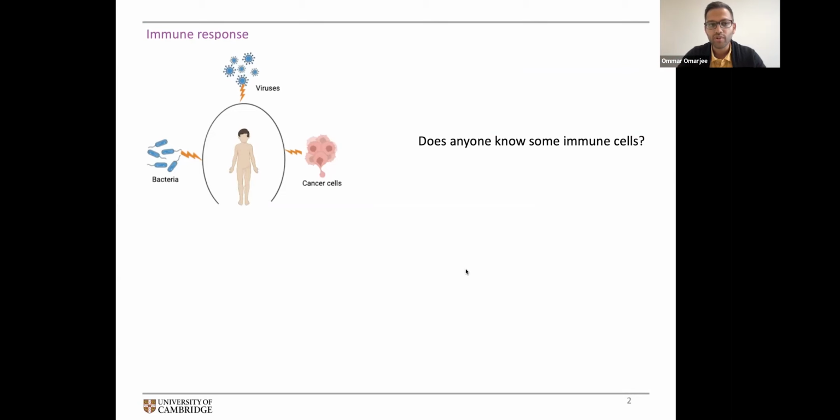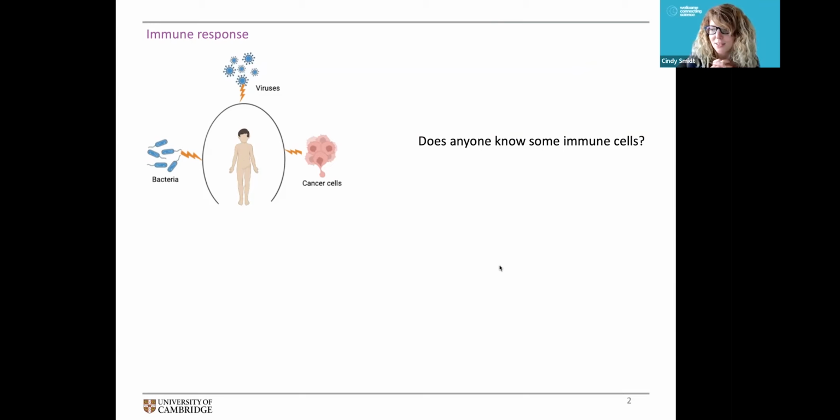So another question for you, does anyone know some immune cells? Again, if you want to just put your answers in the chat box. Does anyone know some immune cells? I'll give a couple more minutes for that.